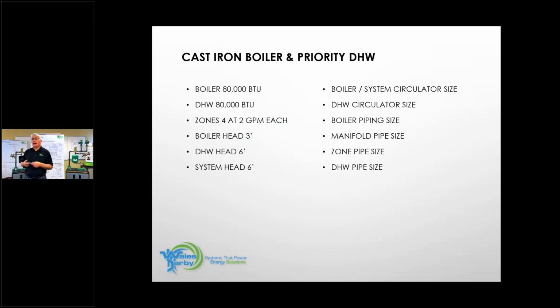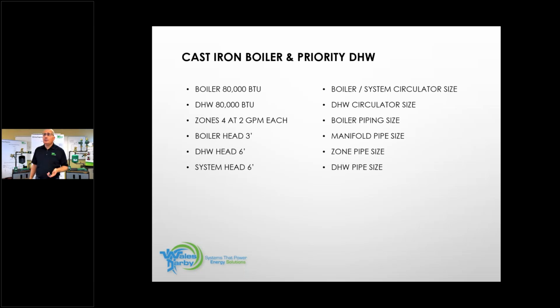So here's this job where we've got a cast iron boiler and priority domestic hot water. The boiler's 80,000 BTUs. So you can either write this down and maybe draw it out at the same time. Got an 80,000 BTU boiler. I need a DHW of 80,000 BTUs. I got 4 zones at 2 GPM each.